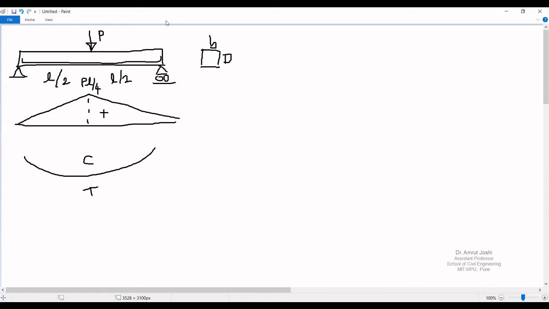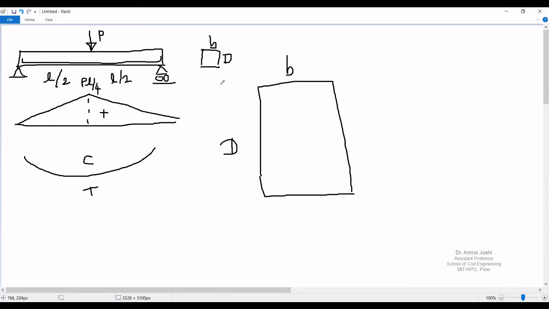Now, let me draw the cross section of the beam in a zoomed fashion. So this is width B. This is overall depth capital D. And let us say these longitudinal bars will be seen something like this in cross-sectional view.